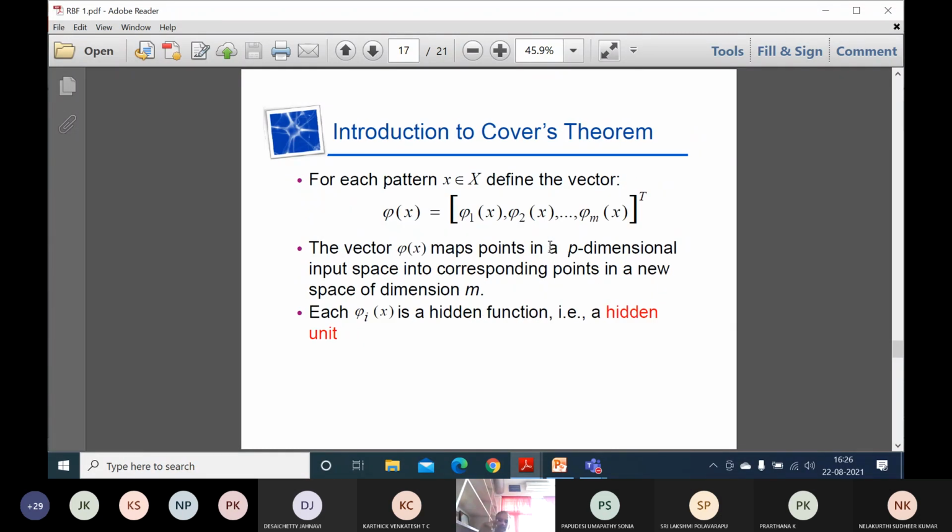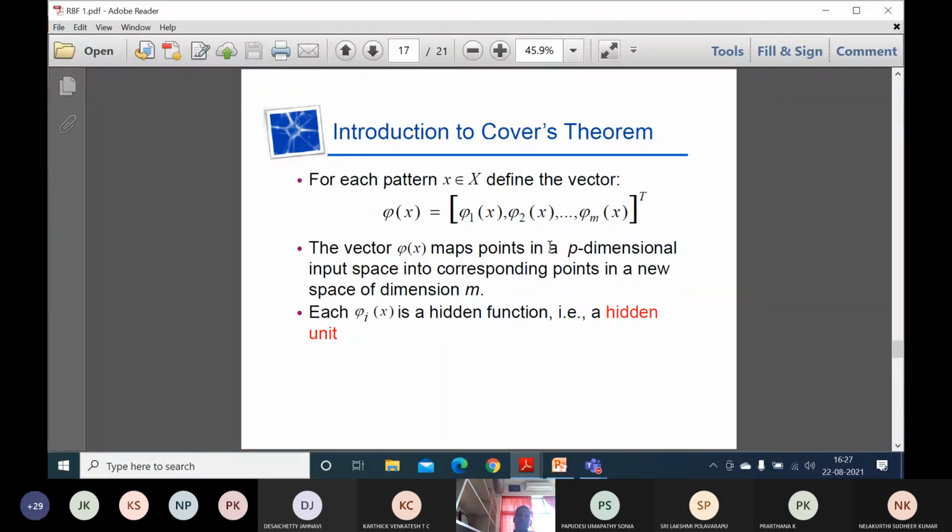For each pattern small x belonging to capital X, I need to define a vector. The vector is represented as psi of x, equal to psi 1 of x, psi 2 of x, psi 3 of x up to psi m of x, transpose.